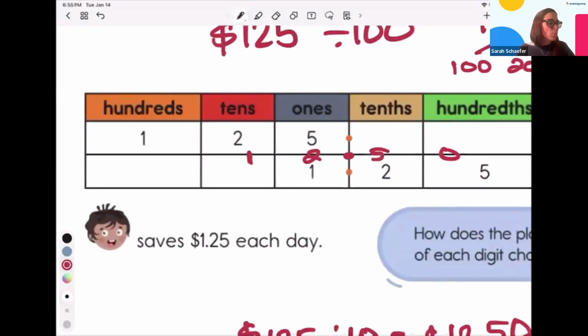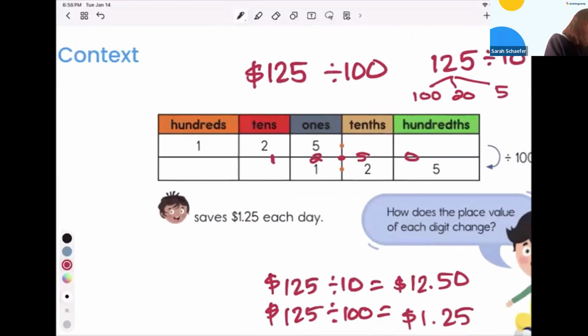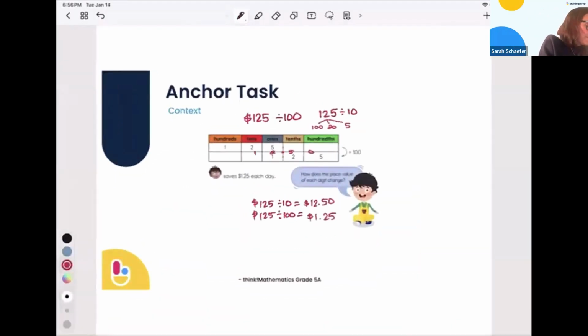Well, how could we do that quickly? We would visualize that table, visualize the sliding, and verbalize that digit sliding.